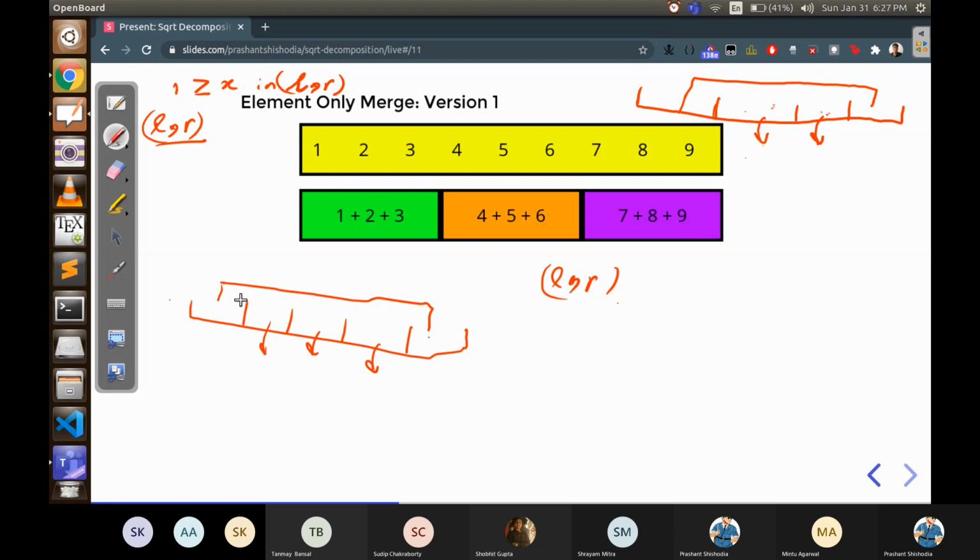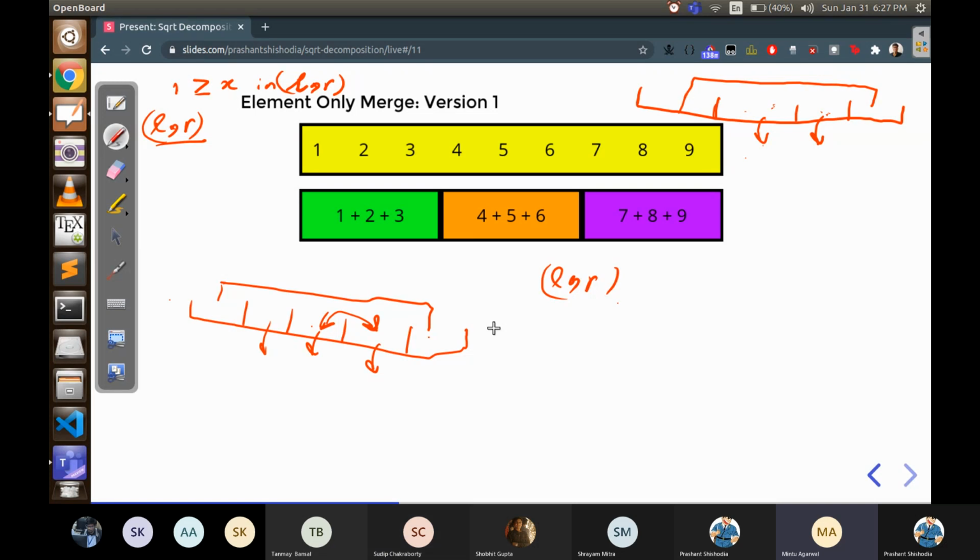But how will you figure out the number of inversions across these two? You got me? The problem here is you cannot merge two ranges. Yes, we will have to again look into the elements of those other ranges.